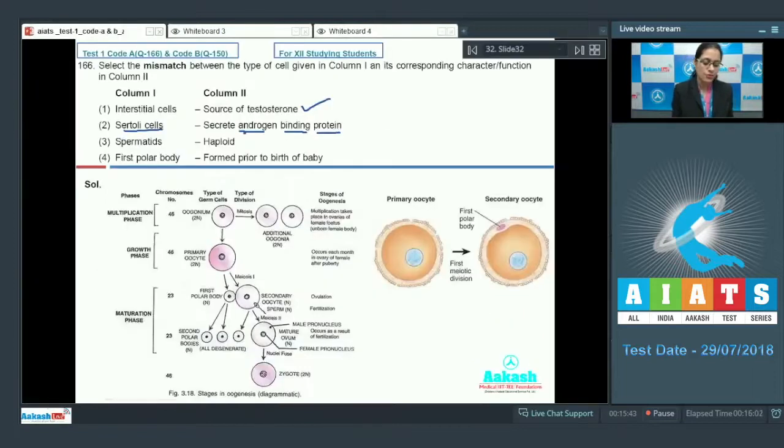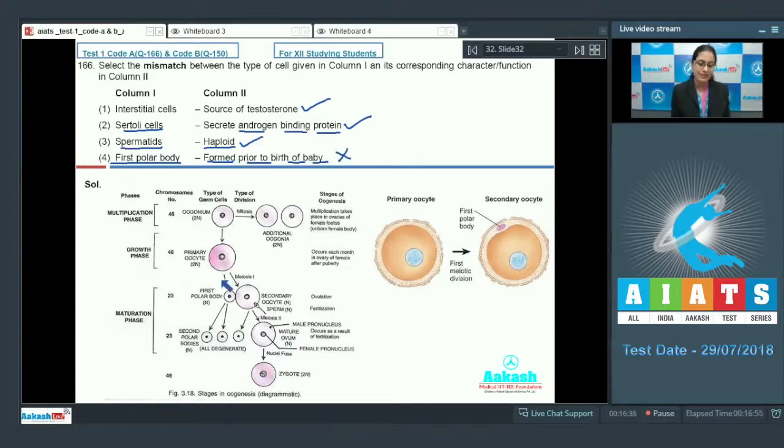So this option is correct. Option number 3 is spermatids are haploid, and this is a correct match because spermatids, which are male gametes, are haploid. Fourth option is first polar body is formed prior to birth of baby, and this is an incorrect statement.